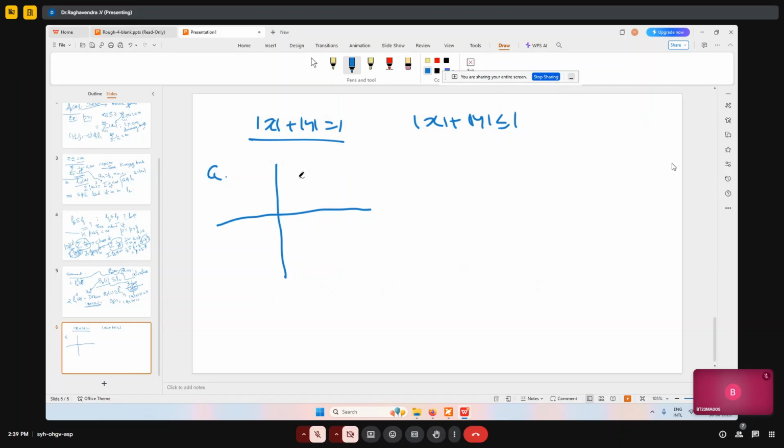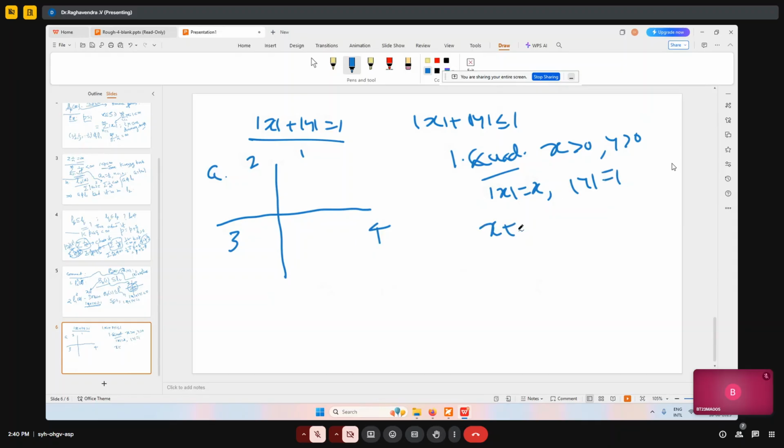So this is the first quadrant. This is the second quadrant, third quadrant, fourth quadrant. So we draw the graph in this. Now let us take the first quadrant. Okay. In this case, x is positive and y is positive. Right? So what you have is mod x equal to x, mod y equal to y. So what you get is x plus y equal to 1. This one will reduce to x plus y equal to 1.